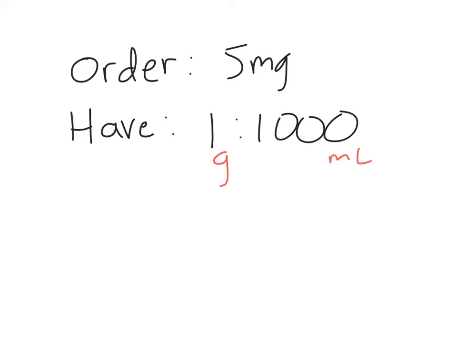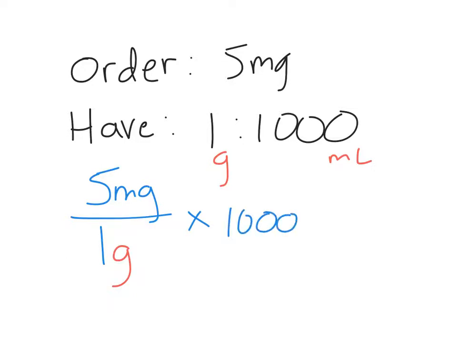So anytime you see a ratio, when you go to plug that into your dosage formula, your ordered dose is just given to us as 5 milligrams. Our H, remember, is then 1 gram. So it's important to remember that that's in grams, and your quantity is that 1,000 milliliters. Just like we talked about before, we need to make sure D and H are the same unit, and if they're not, we have to do some converting.